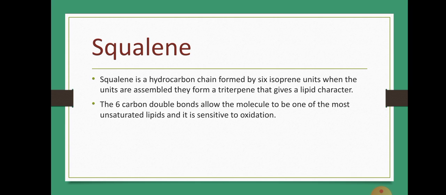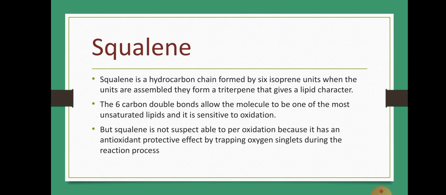As I show you in the diagram of squalene, the 6 carbon-carbon double bonds are present. Due to those double bonds, unsaturation is present, and this shows a lipid character which is sensitive to oxidation. But squalene is not susceptible to peroxidation because it has an antioxidant property.